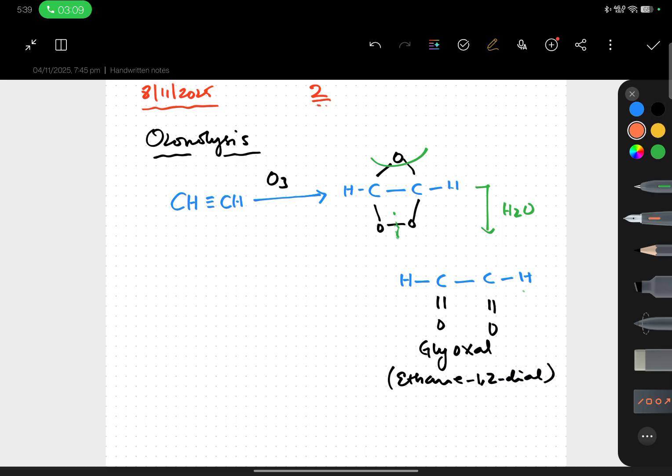But if you further allow this molecule to stand in the presence of hydrogen peroxide, the molecule breaks here.